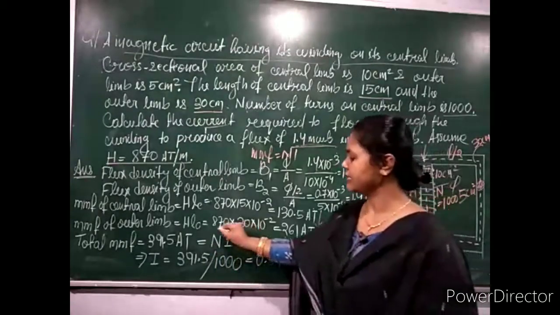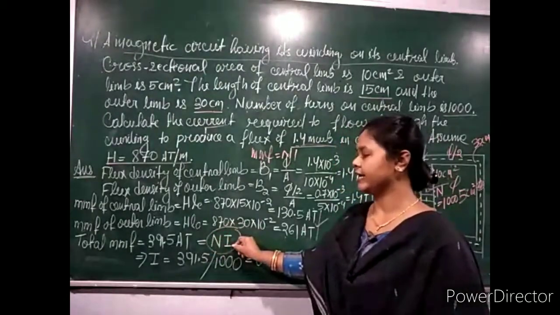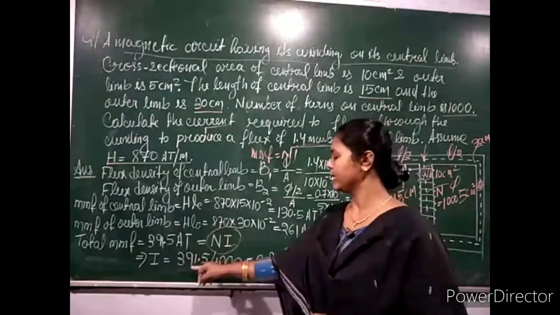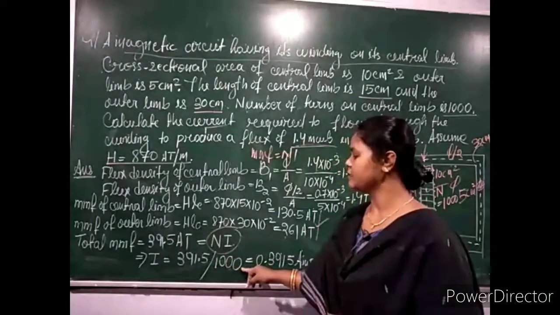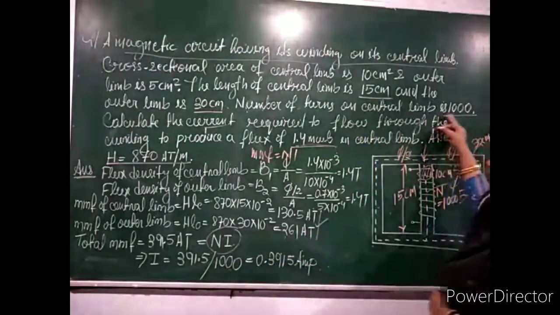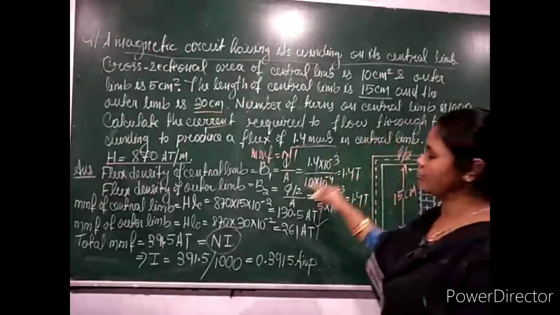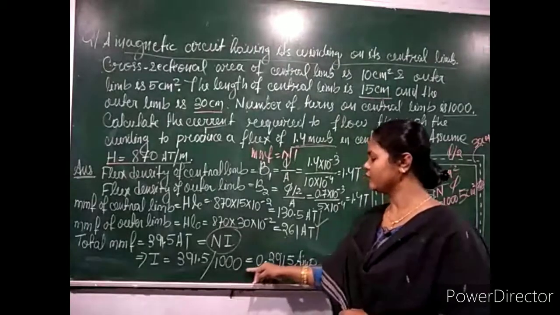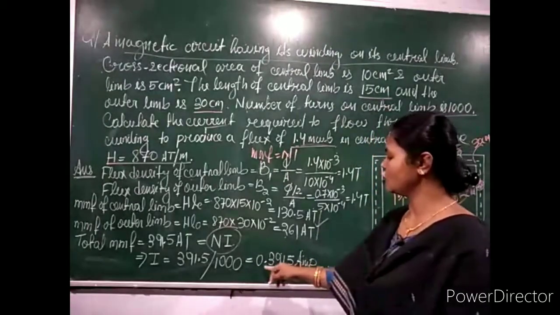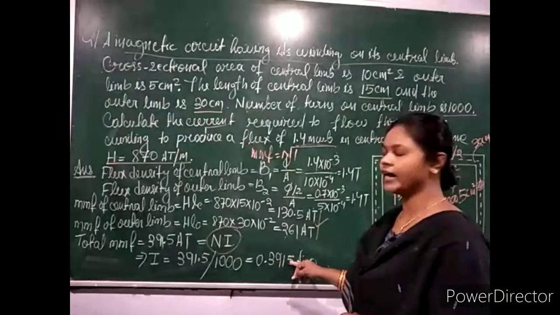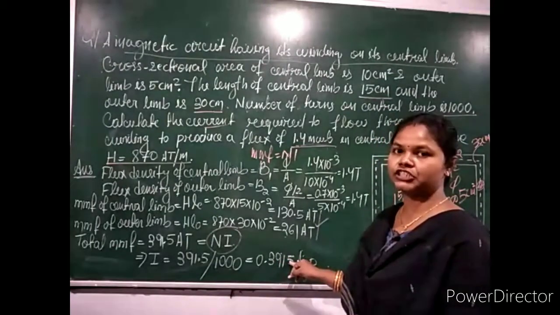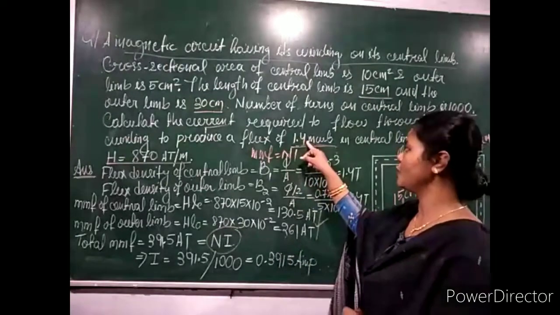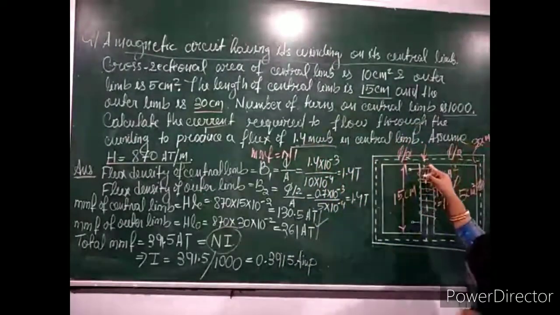By using this formula, I is equal to total MMF by number of turns. Number of turns is 1000. So after calculating this equation, you get the total current flowing through the circuit is 0.3915, or approximately 0.4 ampere, to produce a flux of 1.4 milliweber in the central limb.